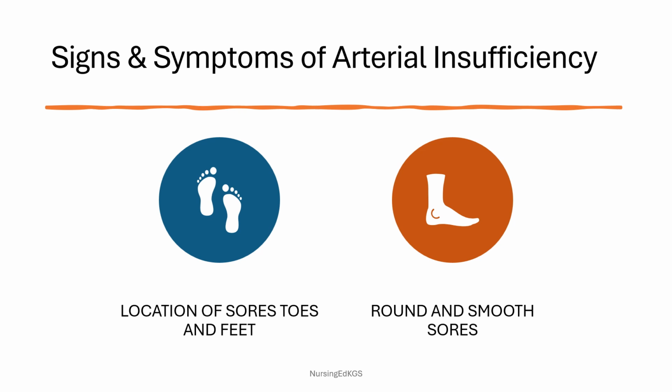As a result, these regions are more prone to ischemia and tissue breakdown. Also, because of the arterial narrowing or blockages, the blood supply to the toes and feet is significantly reduced, so patients are more susceptible to developing ulcers as they receive less oxygen and nutrients necessary for tissue repair and maintenance.